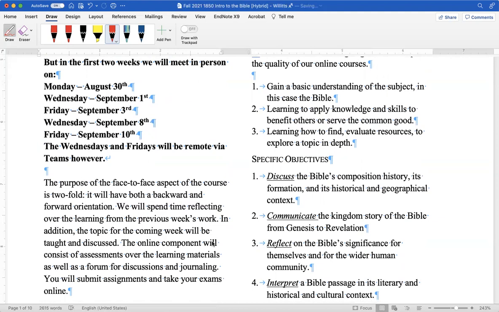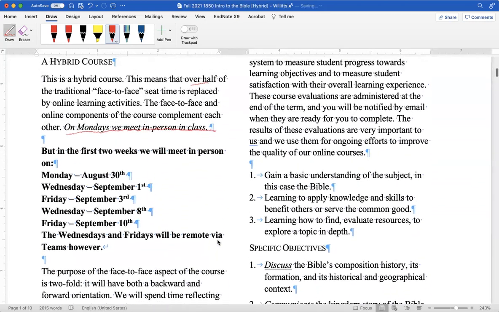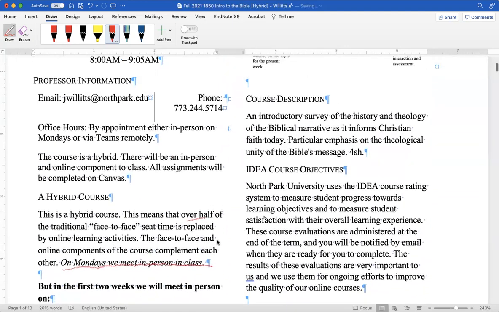The online component involves assessments like tests and assignments, but also learning materials like videos or perhaps a scanned chapter of something that you need to read. But you'll do all of your work through Canvas this semester in this course.